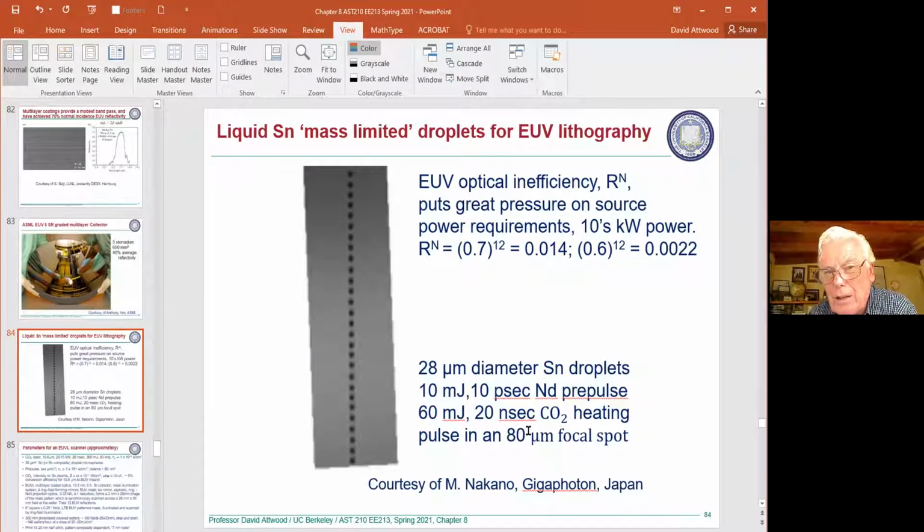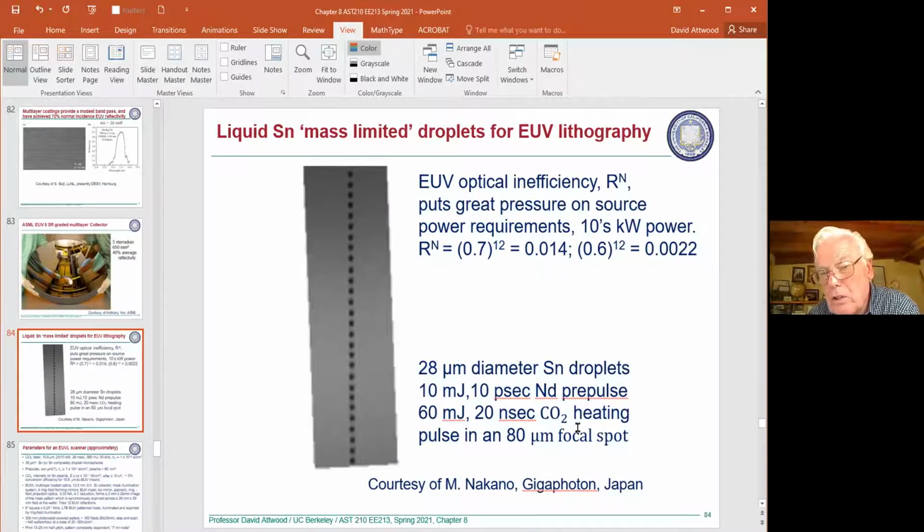You can get to 80 microns, but to keep the debris of tin away, to minimize that being deposited on the optics, this diameter and the number of tin atoms is kept to a minimum. So when the CO2 pulse comes, it's got a bigger focal spot. You've got to make this 28 micron target look bigger. And the way you do that is with a pre-pulse.